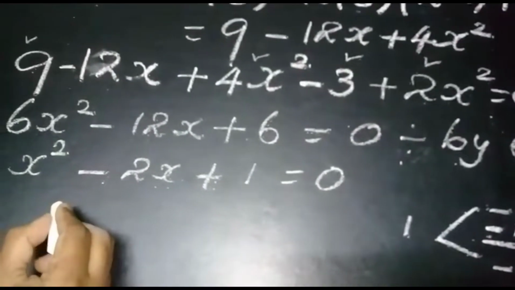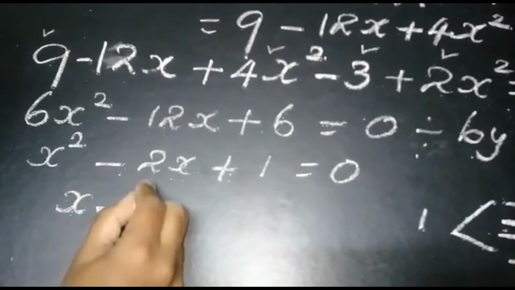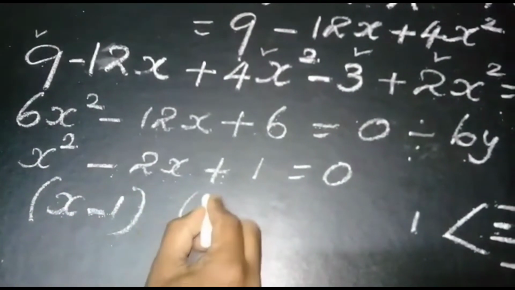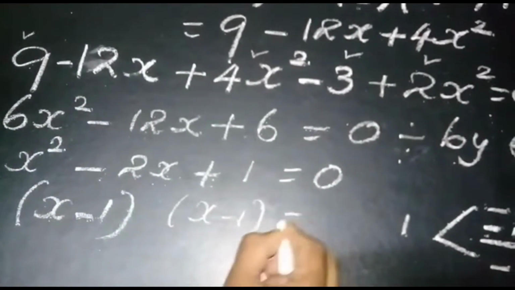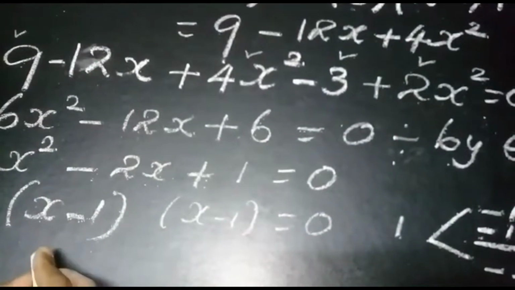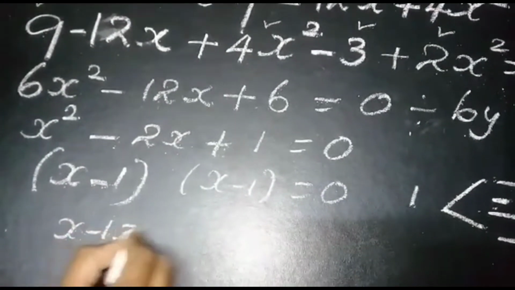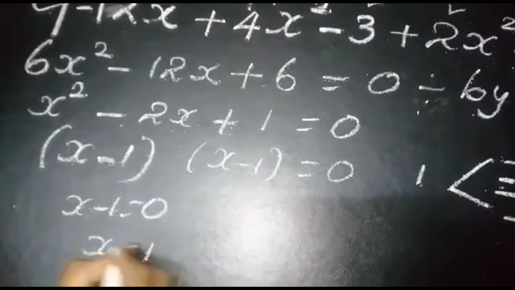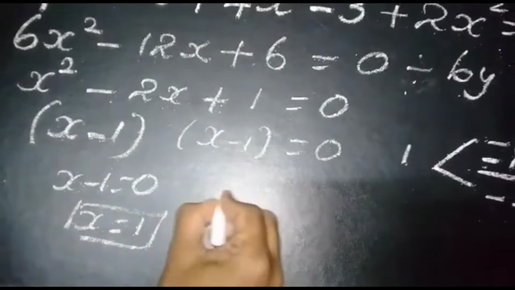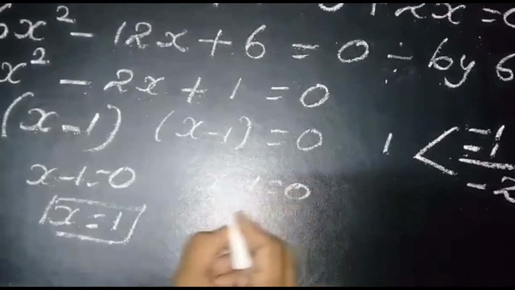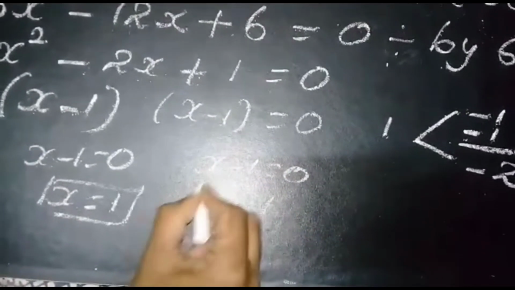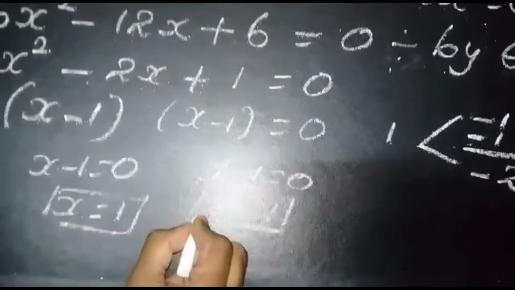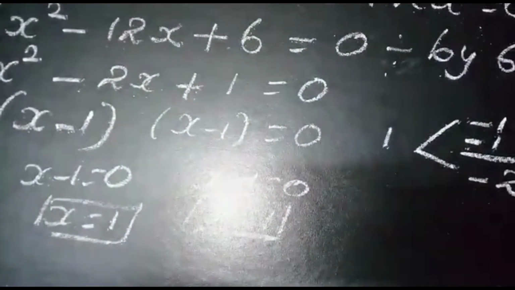So what is the factor? x minus 1 is a factor. The other factor is also x minus 1, equal to 0. Therefore x minus 1 equal to 0 means x equals plus 1. The same here also, x minus 1 equal to 0 means x value is plus 1. So the value of x is equal to 1.